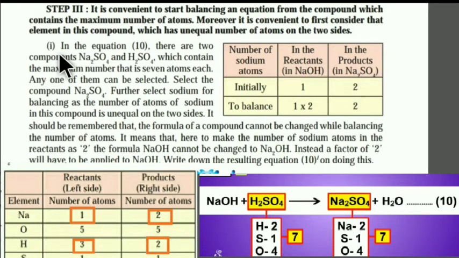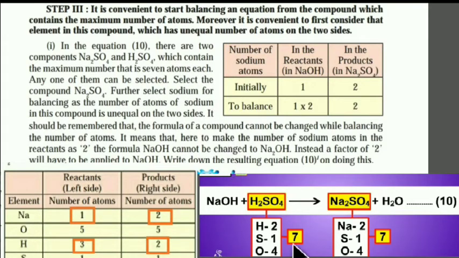Let's see the first. In equation 10, there are two compounds, Na2SO4 and H2SO4, which contain the maximum number of atoms, that is 7 atoms each.